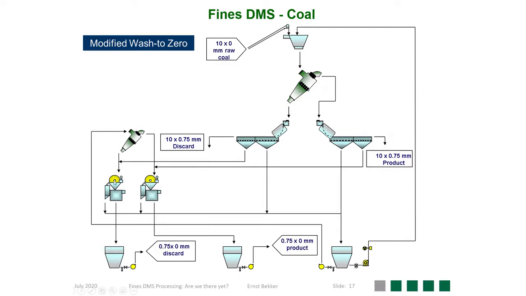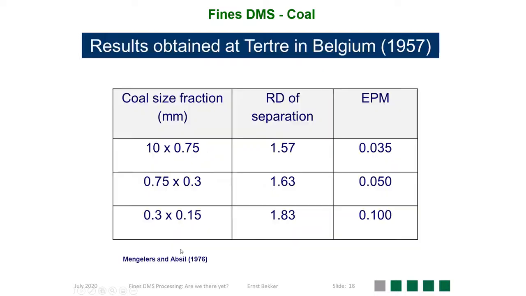Both these streams went then through individual magnetic separators, and the floats magnetic separator effluent became the final product of the fines, and the effluent of the sinks magnetic separator became then the discard. This yielded an improvement in the EPM values.